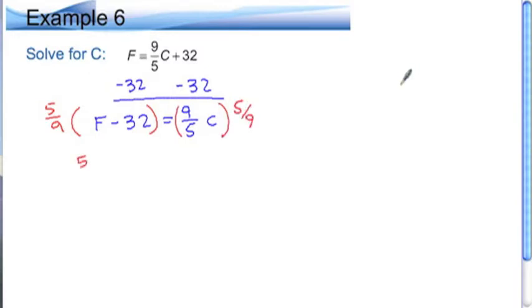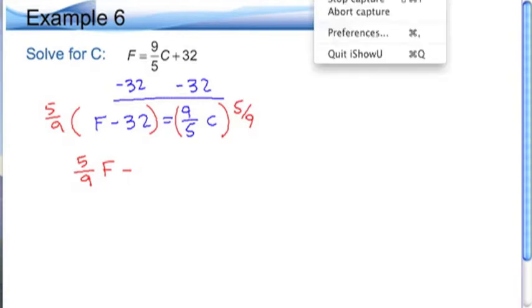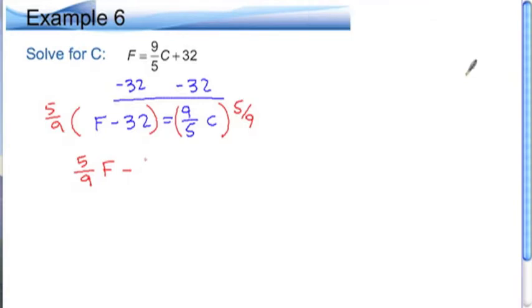That gives me 5/9 F minus 160/9, and that equals just plain C. So technically we're finished. We have isolated C.